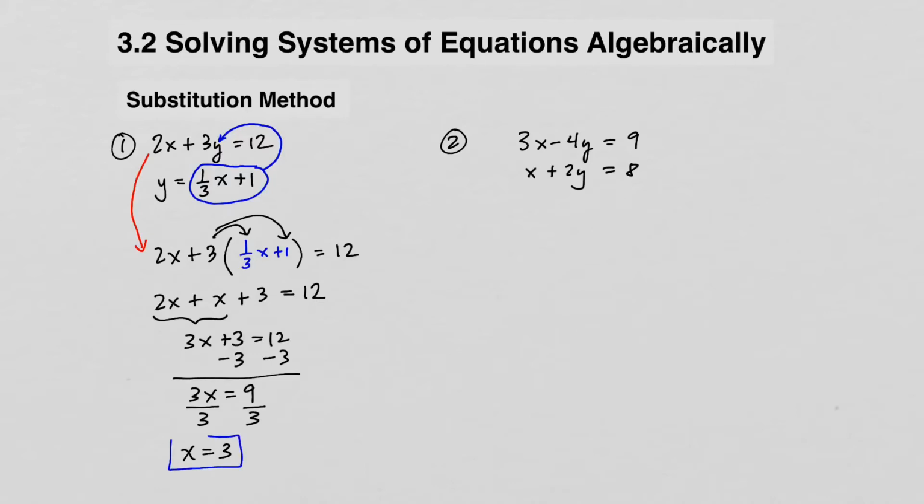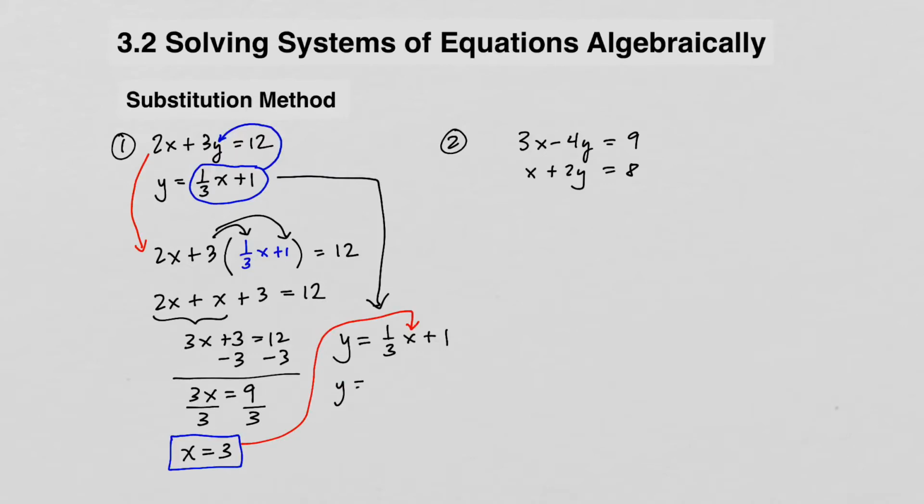And x equals 3 is part of our answer. Remember, when solving a system, you are looking for a point of intersection, and a point of intersection has an x-coordinate and a y-coordinate. So once I know x equals 3, I will take the second equation here, which says y equals 1/3 x plus 1, and I'm just going to substitute x equals 3 into there.